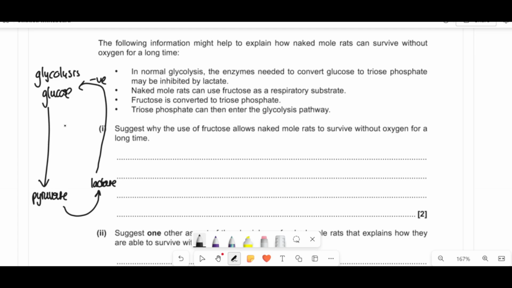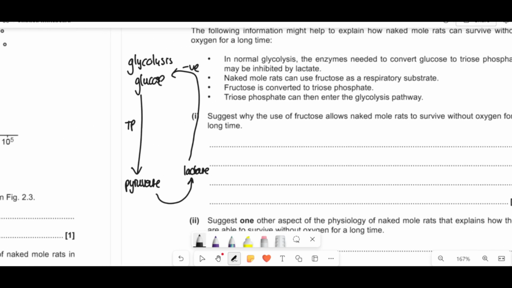Glucose is converted into hexose bisphosphate by adding two phosphates from ATPs, and then you get TP, and then eventually that gets oxidized and you get pyruvate. So we have fructose, which ends up being TP, and then it's able to do the rest.